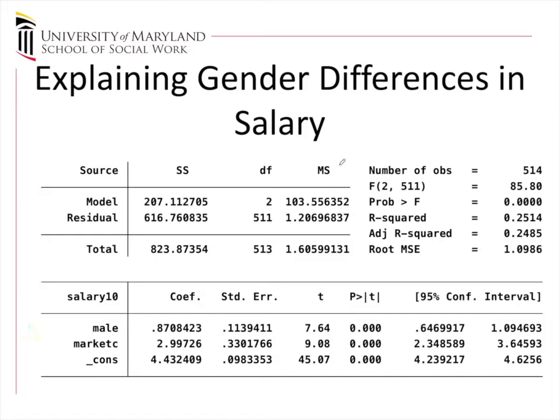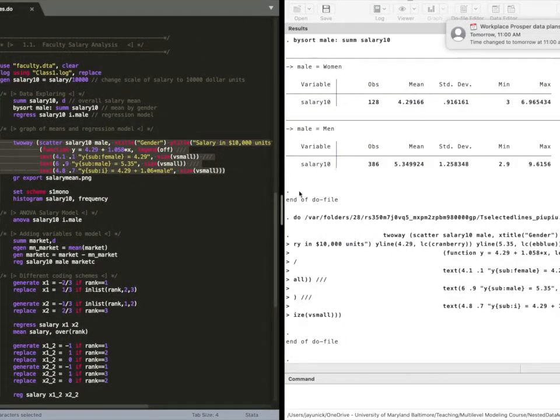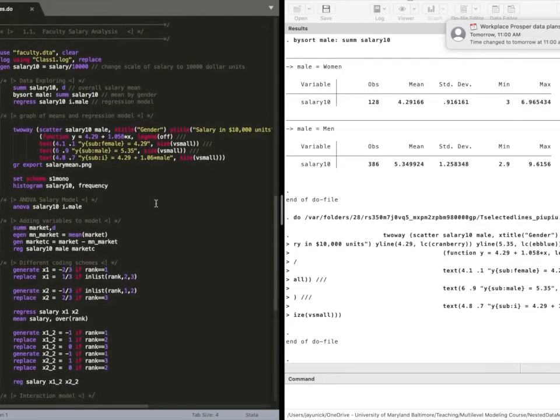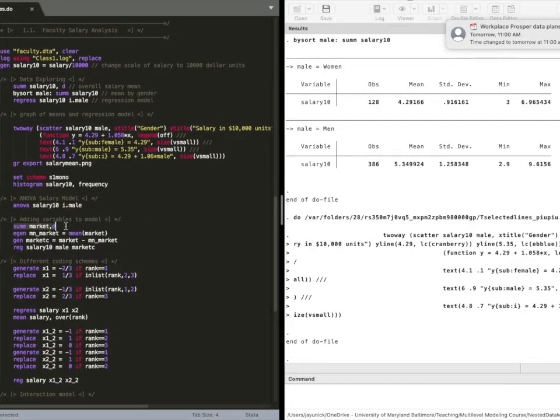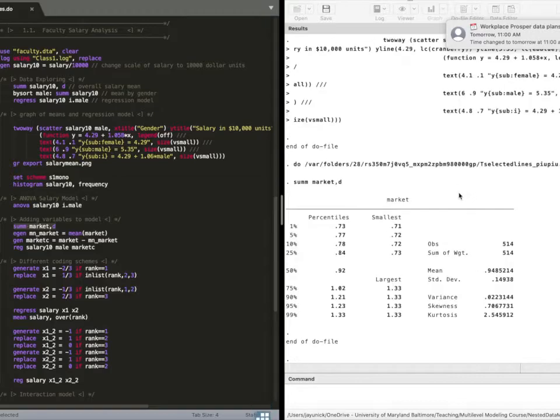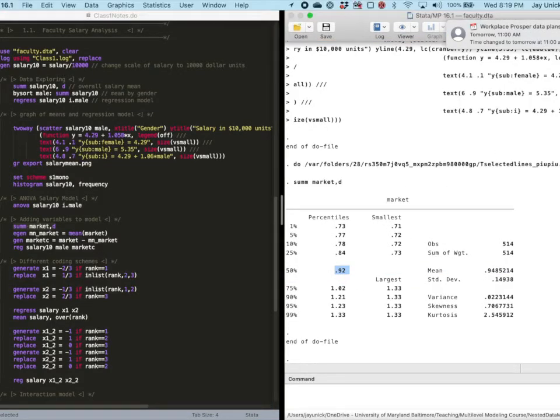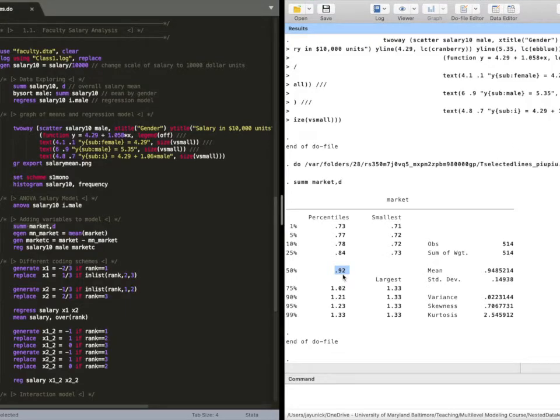And so here there's a variable called market. If we look at the variable called market, we can see that it has a mean of 1. The 1 is the average discipline salary, and then the proportion above or below that is what we see.